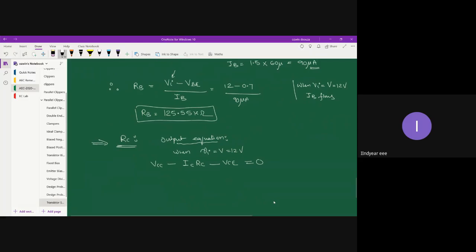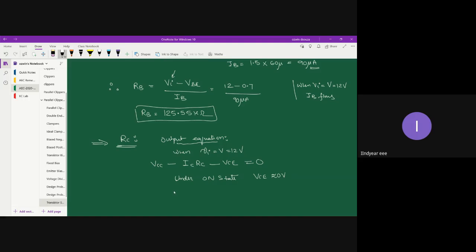Under the on state, VCE is approximately 0 volts. We have seen that VCE lies very close to the origin for on state operation.